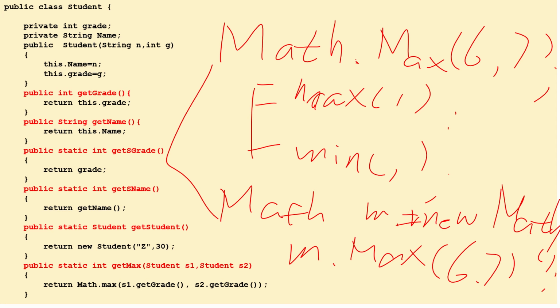Okay. So first, you need to know all the members in the Math class, they are static. Okay? All the static members, you can call them using the class name. What does that mean?